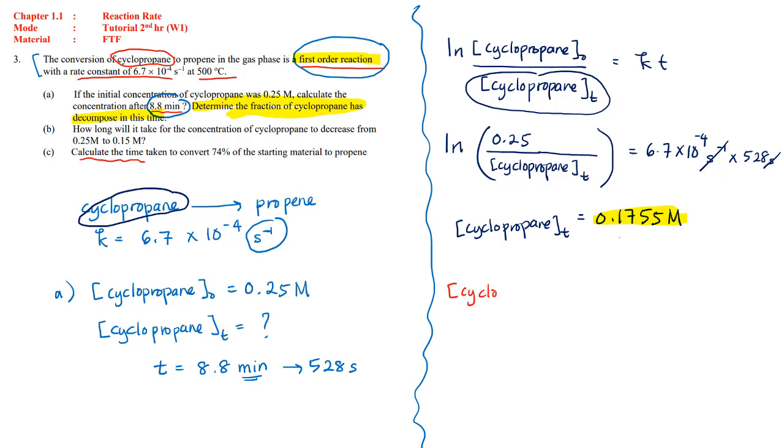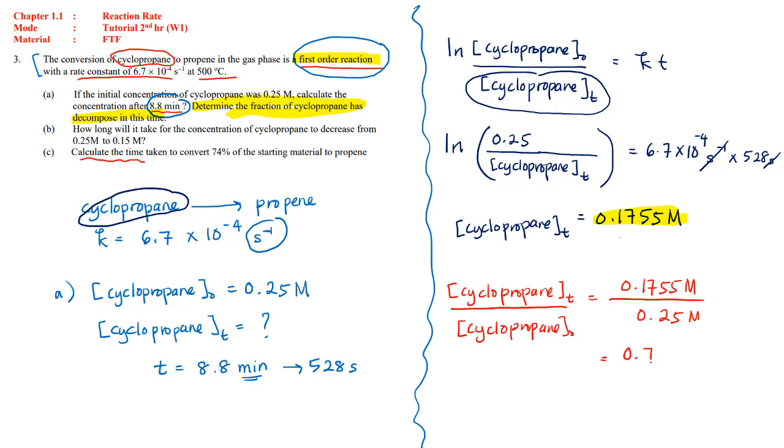Jadi kat sini concentration of cyclopropane at T time divided by initial concentration of cyclopropane. So 0.1755 molar divided by 0.25 molar. Jadi kita dapatlah pecahan berapa yang telah decompose. So around 0.702.